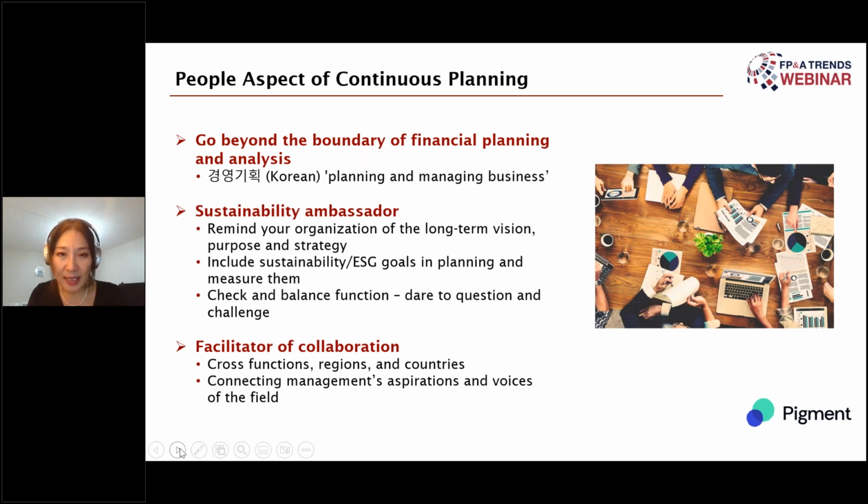Secondly, we are sustainability ambassador. We are living in a time with extremely pessimistic outlook. And in such situations, it's very easy to be caught by short-term financial gain and make irrational decisions. So take advantage of our role and remind the organization and clients and ourselves that we have long-term strategy, and we need to bear in mind that we are sustainability ambassador.